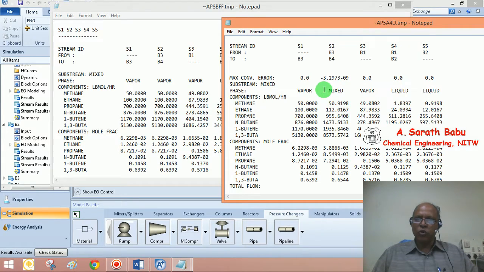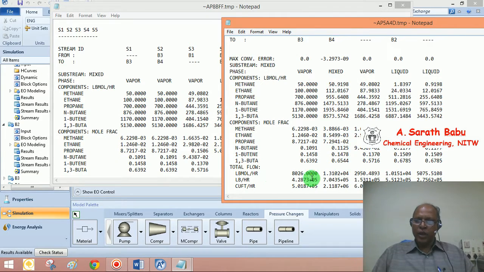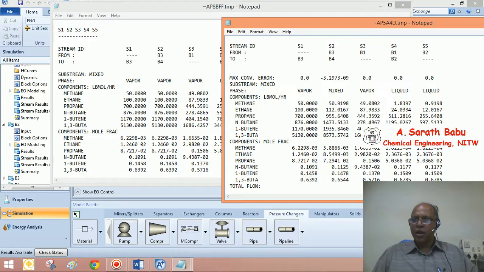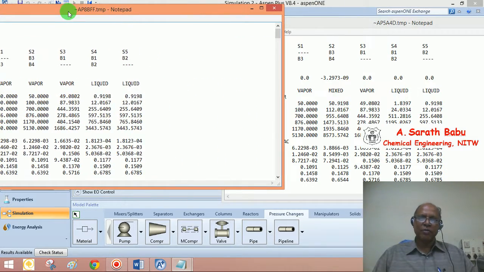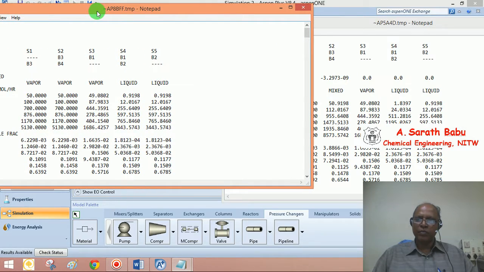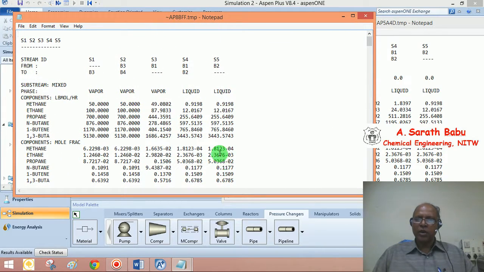So where is the total moles? Total flow. This was the total number of moles entering into the flash column. Out of that, now your S5, you will have to compare S5 here. You can see S5 compositions 1.8123, 2.36276, 5.117, 0.1509, 0.6785.